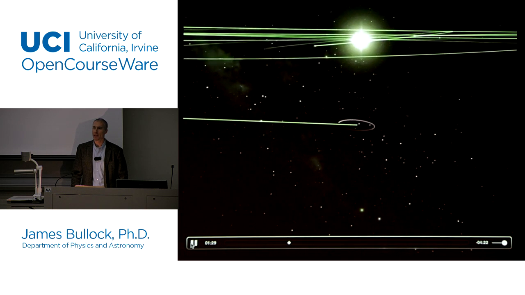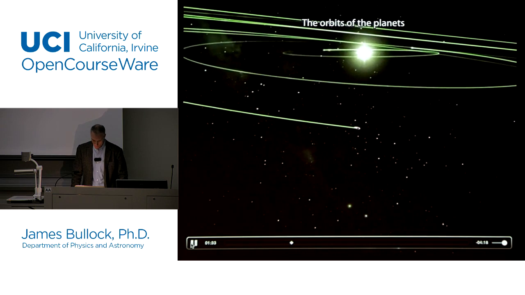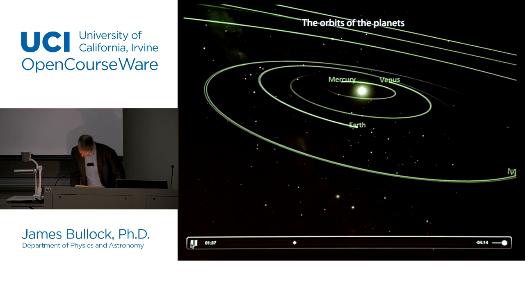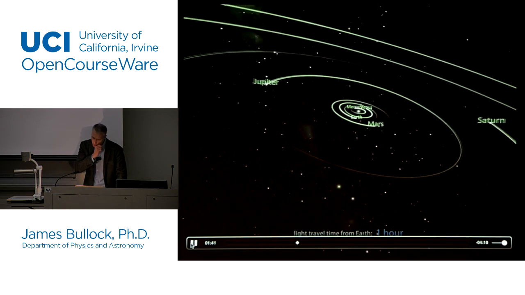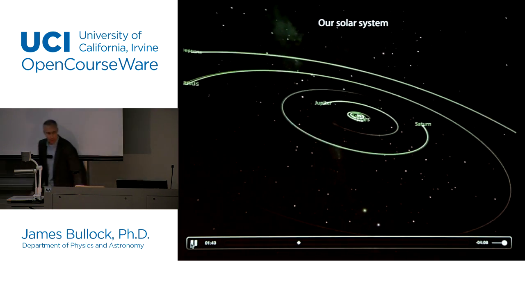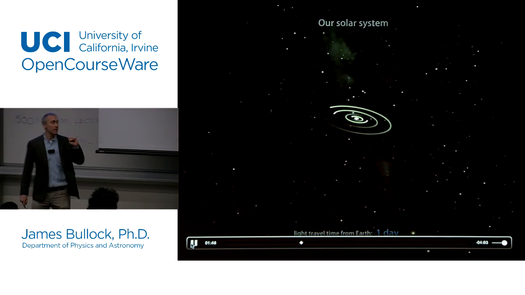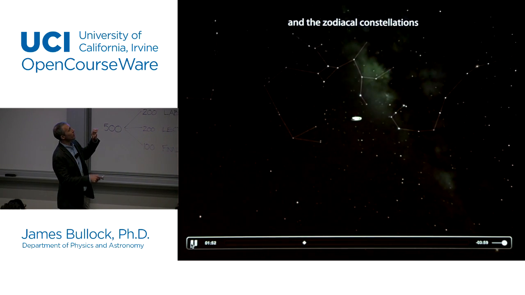These are the orbits of the planets. Now in this movie, they've dimmed out the sun. They've made it look very dim compared to the planets. But in reality, by the way, these are popular constellations.